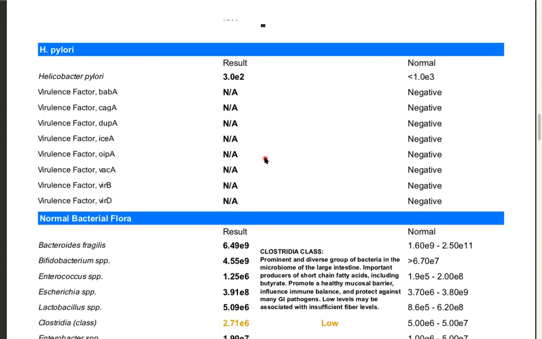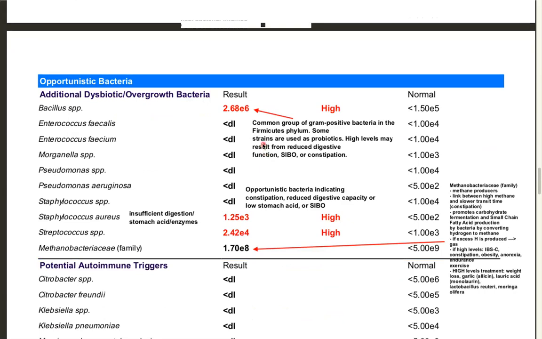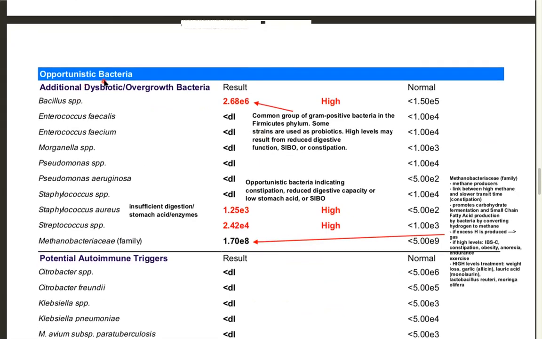It's there, low level. Then I go to page 3 and I look at our opportunistic bacteria. So this bacteria overgrows if given the opportunity. And Bacillus species is commonly associated with constipation. High levels, again, could be caused by things like low stomach acid, SIBO, constipation.